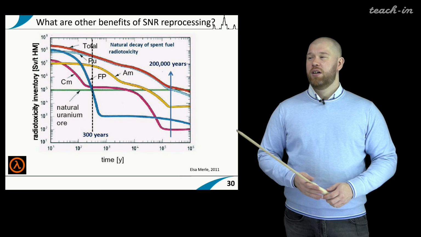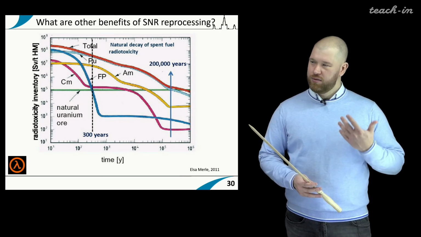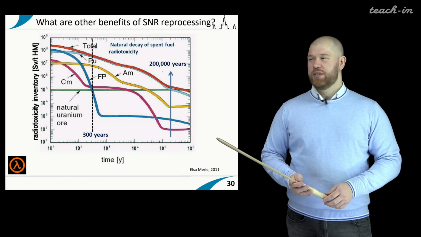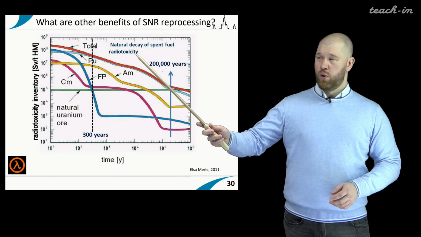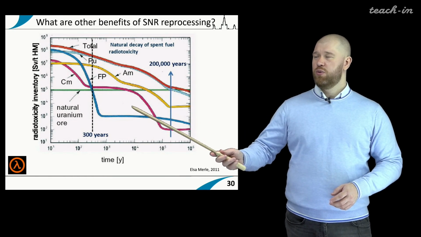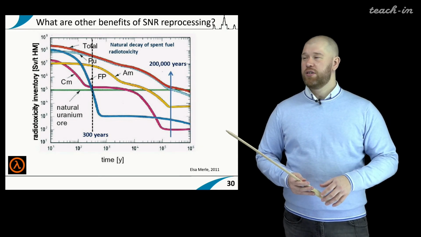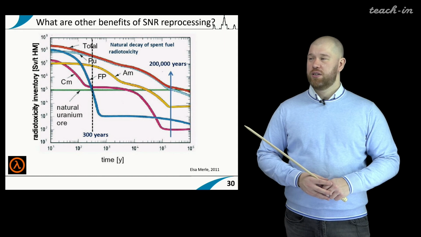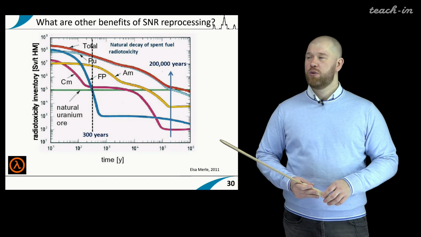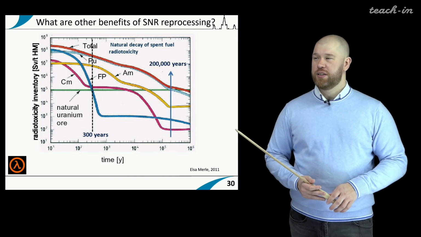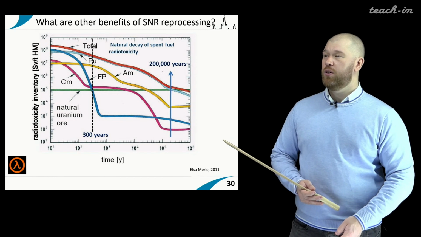But still, for real safe operation, we can say that the reprocessing, that means extraction of all plutonium, americium, curium, and other long-lived radionuclides, with further transmutation of these long-lived radionuclides to the short-lived radionuclides, to the fission products, is much safer than direct disposal of spent nuclear fuel.